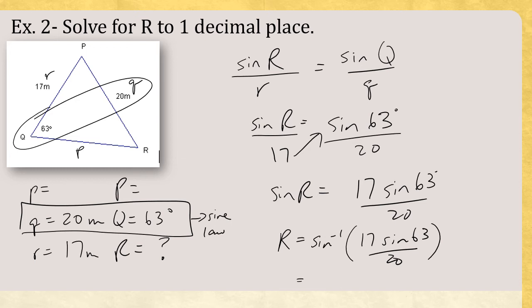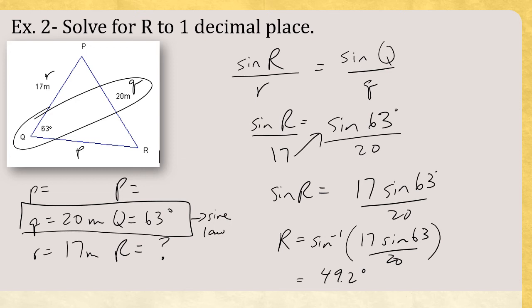Type in shift or second function, sine inverse, open bracket. Most of you should be looking at a scientific calculator that has brackets on it. Then type in 17 sine 63 divided by 20, close bracket, hit equals. We said 1 decimal place, so you should be looking at 49.23, so 49.2 degrees.